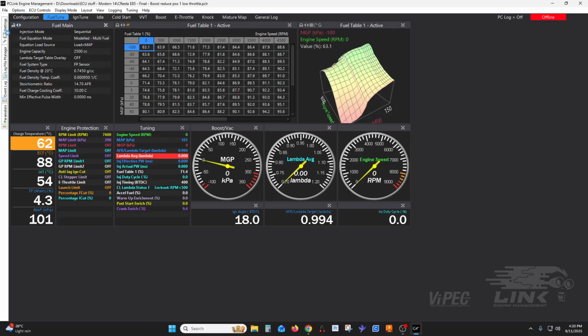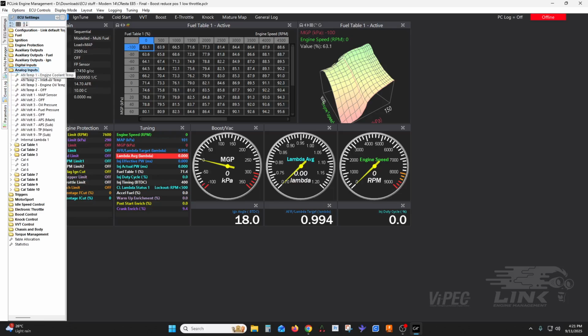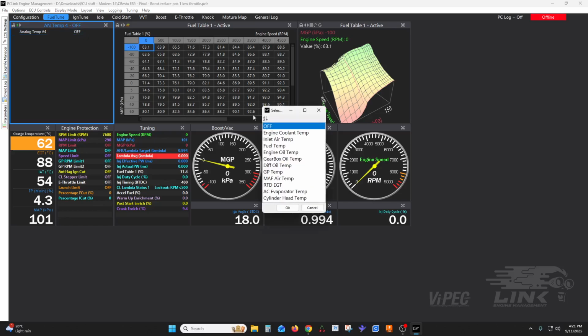Okay, if I go here to ECU settings, inputs, analog inputs. Okay, this is after I did the drive-by-wire and was having a look, and I've actually got a spare analog temp channel spare. So I'll double click in here, and this is all the things you could set it to.